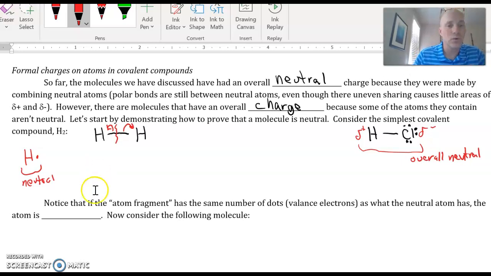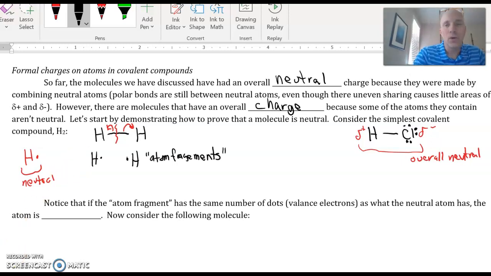Let's draw what would result. This hydrogen would get one of the electrons from that bond, and this hydrogen would get the other one. I'm going to call these things atom fragments.